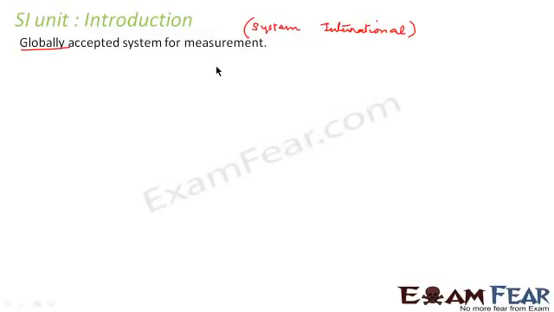That is why the scientists together decided to invent a globally accepted system for measurement so that everybody can use the same system for measurement. So then came the SI unit, that is the System International Unit. Now in SI unit, there are two classifications of units, the base units and the derived units, as we already discussed.